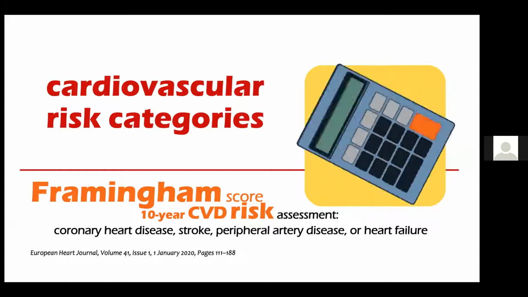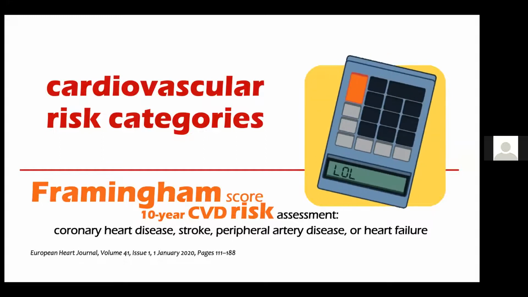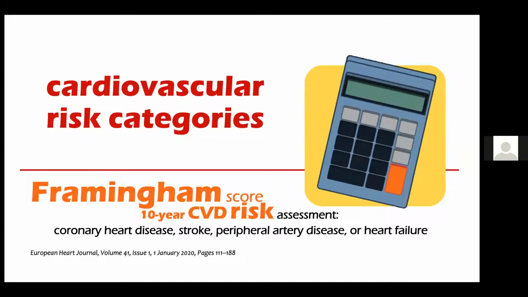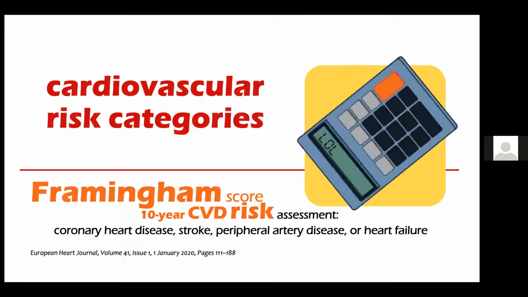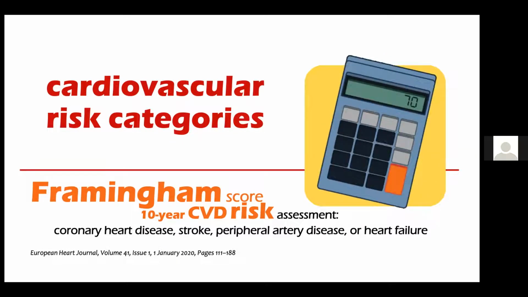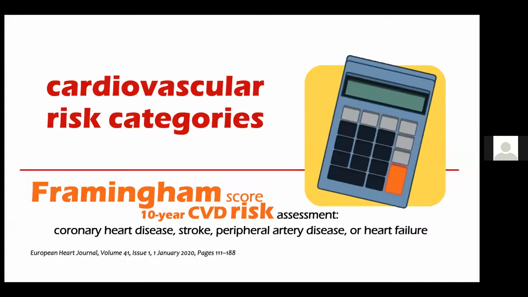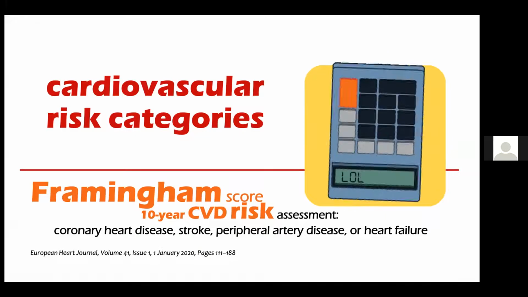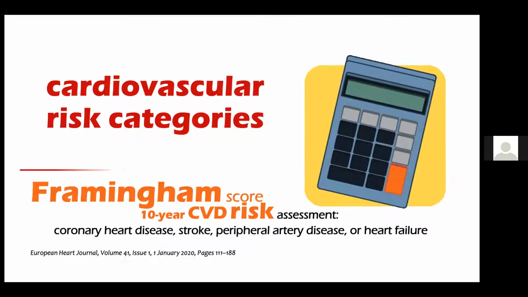And you will have to enter some data in the scoring or the Framingham scoring system or table for you to determine your patient's 10-year cardiovascular risk for coronary heart disease, stroke, peripheral arterial disease, or heart failure.